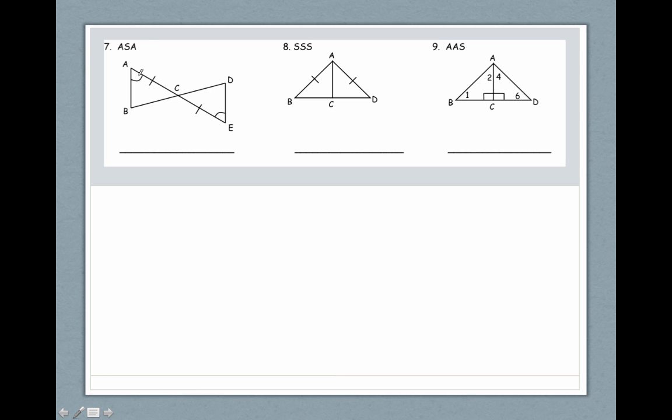If we wanted angle, side, angle, we have angle, side, angle. We don't actually need anything else because these are vertical angles, so we know they're the same, so we already have it. Side, side, so we need these bits to be the same, so we need BC to be congruent to CD.